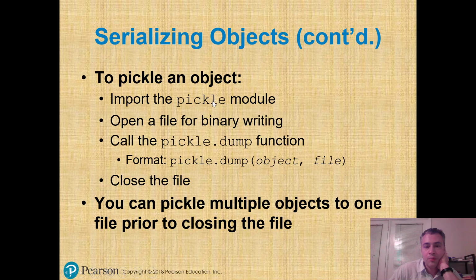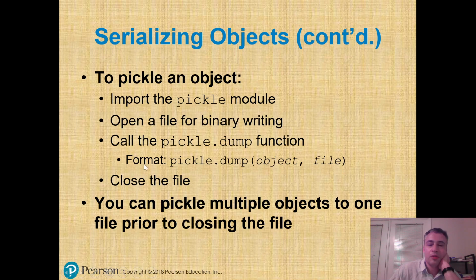So you need to import the pickle module, and you need to open a file for binary writing. I will show you an example in a moment. And you can call the pickle dump function to pickle an object, whatever that object may be, to a file. And then you need to close the file.